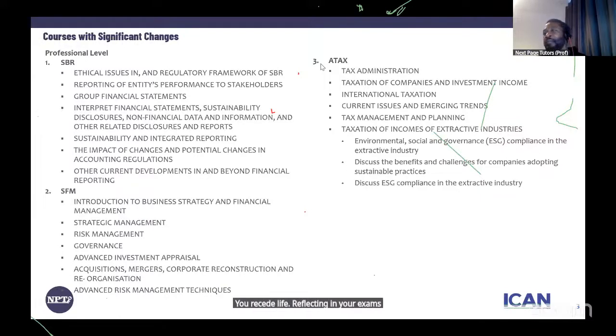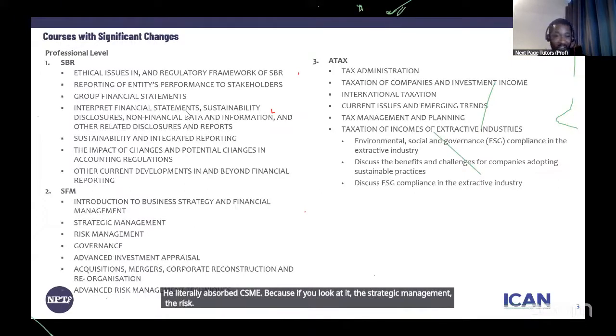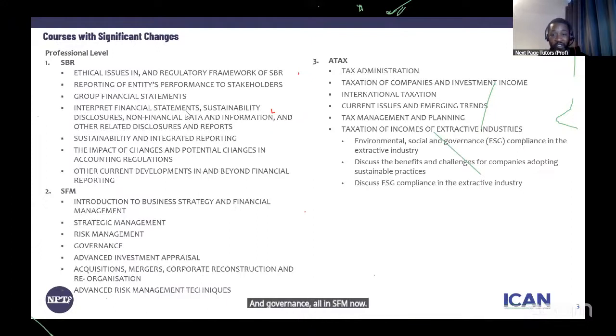And for SFM, like we've seen, SFM literally absorbed CSME because if you look at it, the strategic management, the risk and governance, all in SFM now. The only thing they had to do was remove ethics.